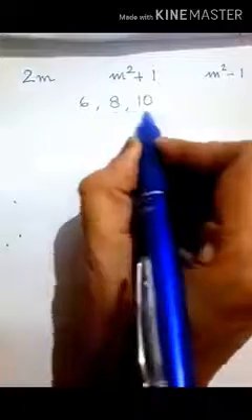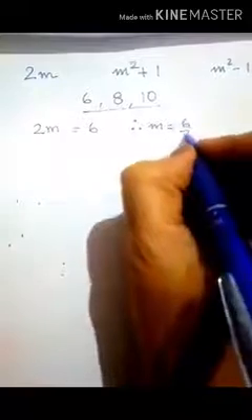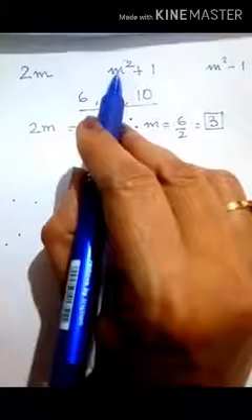These were Pythagorean triplets. Now suppose 2m I take it as 6. 2m equals 6. So what is m? m is 6 by 2, that is 3. Now this 3 will be placed here in place of m.